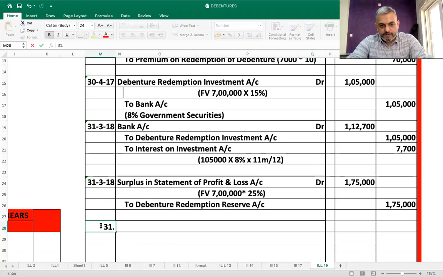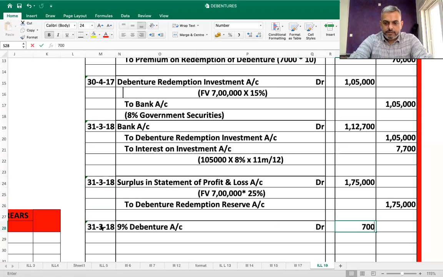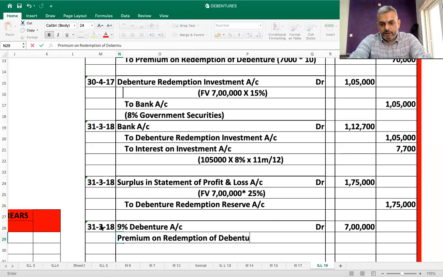Now let's redeem the debentures. So we cancel the debentures first. So 9% debenture account debit 7 lakh. They are to be redeemed at a premium. So premium on redemption of debenture.